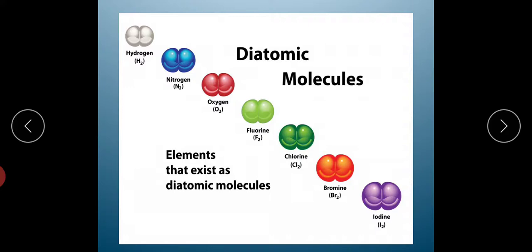Some of the common examples are hydrogen H2, nitrogen N2, oxygen O2, fluorine F2, chlorine Cl2, bromine Br2, iodine I2. So these are diatomic molecules.